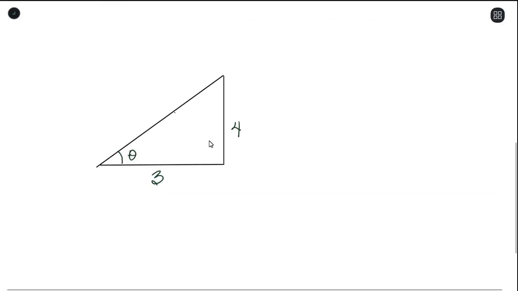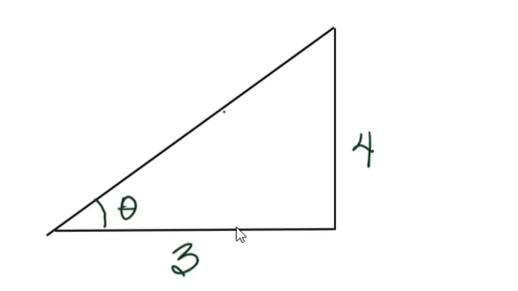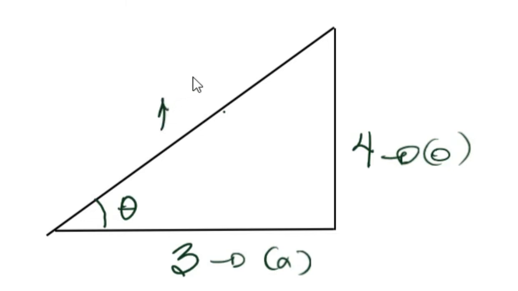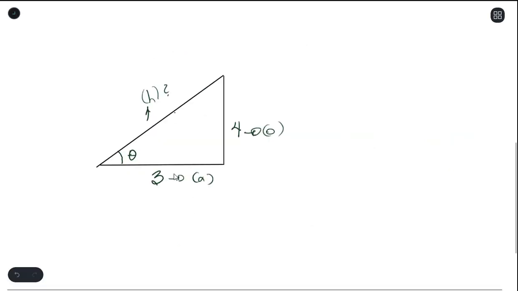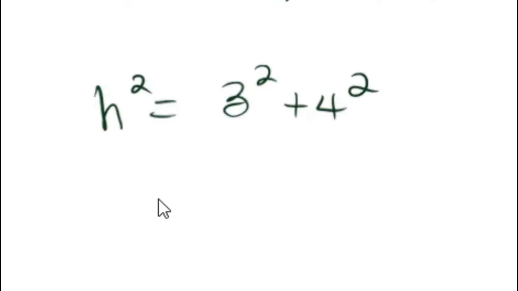A quick example of SOH CAH TOA here is we have our opposite to be 4, we have our adjacent to be 3, but we see here that our hypotenuse is unknown. So like we talked about, using Pythagoras whenever you have a right angle triangle, we would say that our hypotenuse is equal to this.